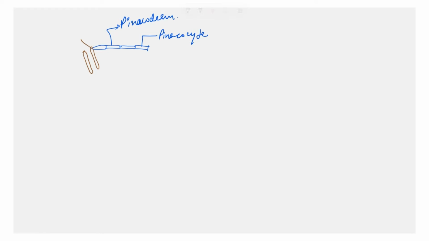Let me just draw the body wall of sponge here. So you have these pinacocytes, which make the outer body wall, and the whole external body wall is called pinacoderm. Pores are made out of porocytes. Okay, so this is the pore, which is actually your ostia.